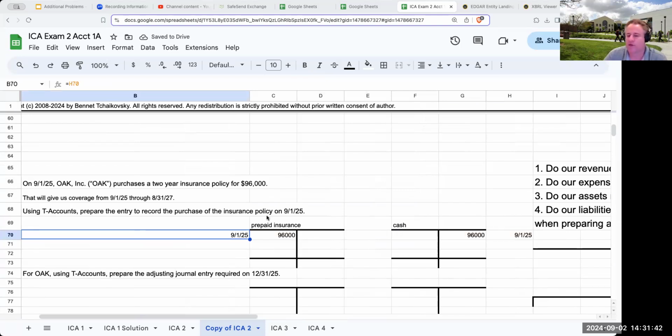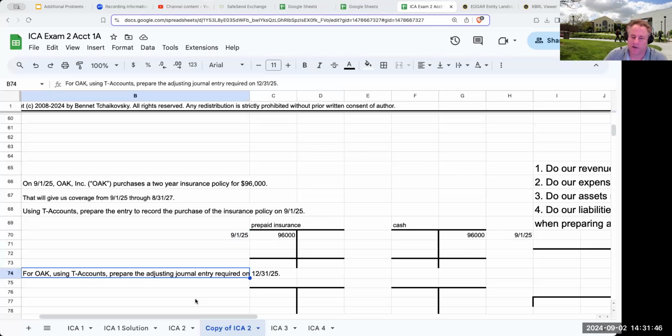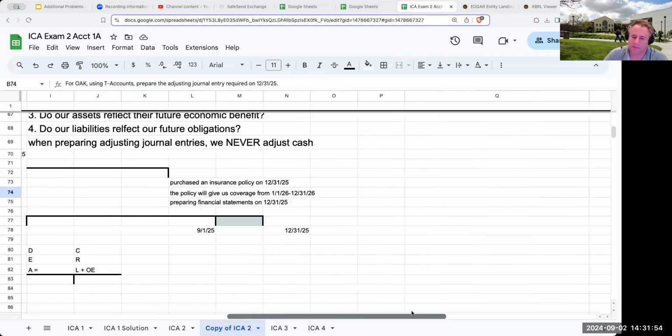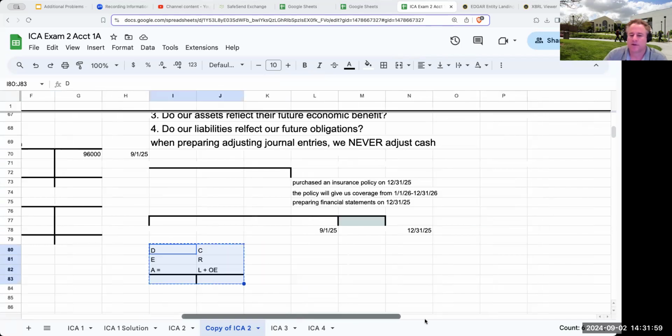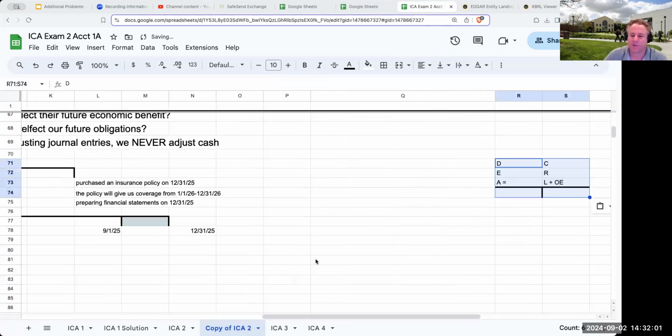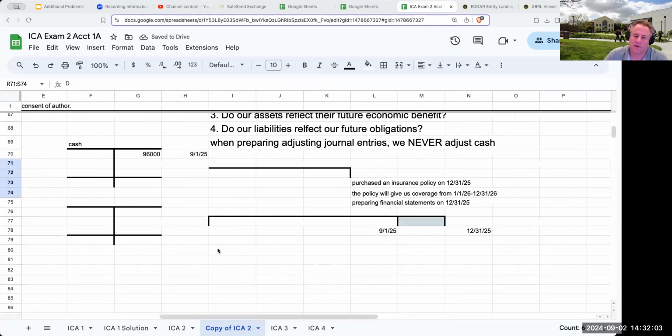However, in our case, we now have the issue of preparing the adjusting entry as required on 12/31/25. So now I need to figure out how much time I have used the policy for.